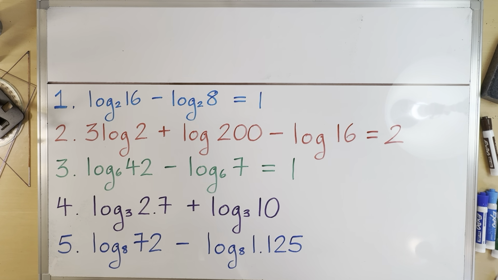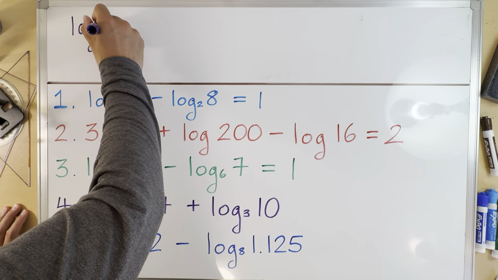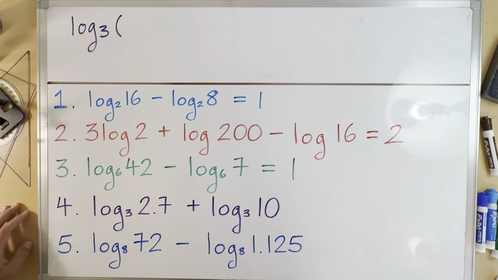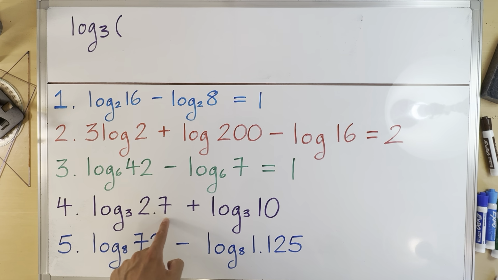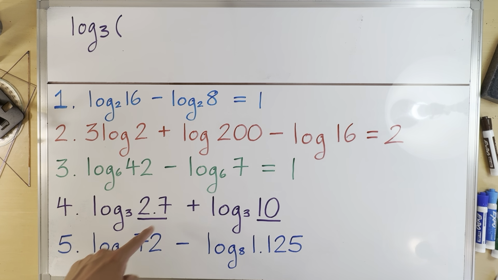According to the product rule for logarithms, we want to multiply the two arguments of the logarithmic expressions when we add them, provided that both base numbers are exactly the same. And yes, in this particular case, both base numbers are exactly the same.